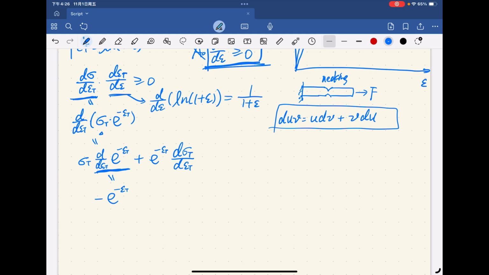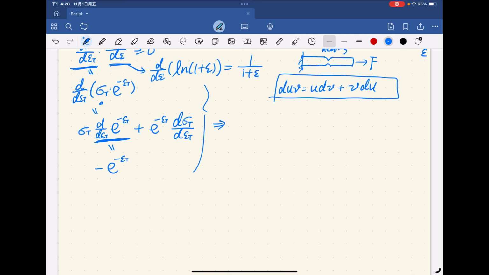So after all, this comes with minus sigma t over 1 plus epsilon times E to the minus epsilon t, plus E to the minus epsilon t times d sigma t over d epsilon t, larger than or equal to 0.